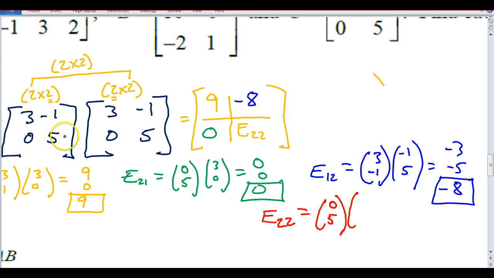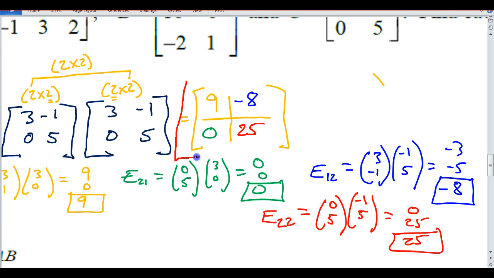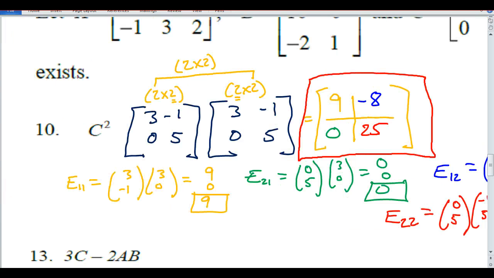Column 2 is negative 1, 5. So multiplying gives me 0 and 25, so that is 25. So this last element here is 25. Alright, so that is the answer to number 10.